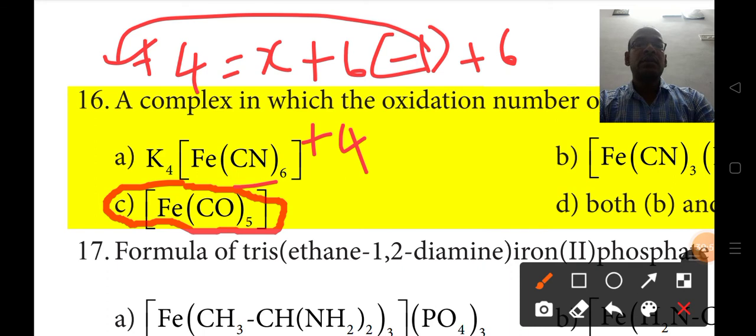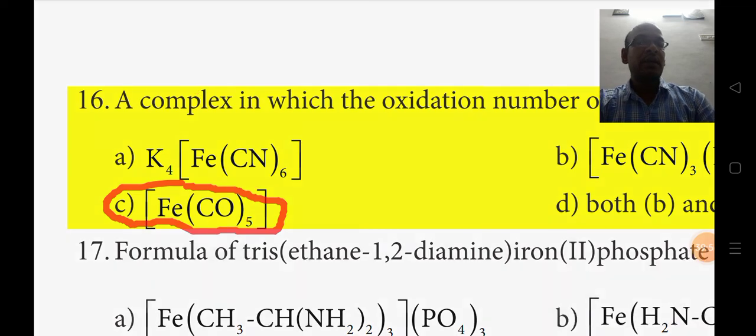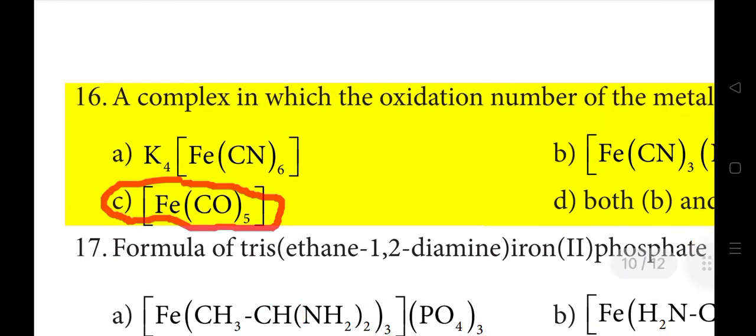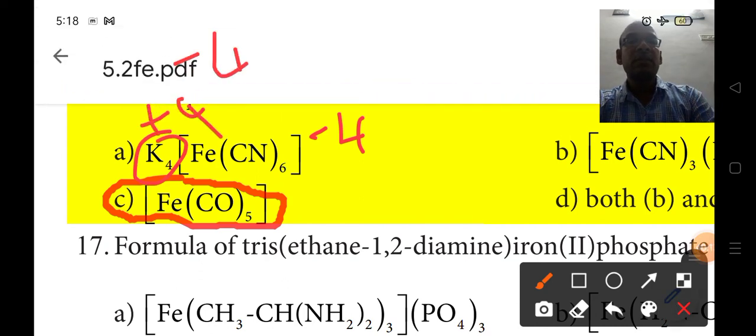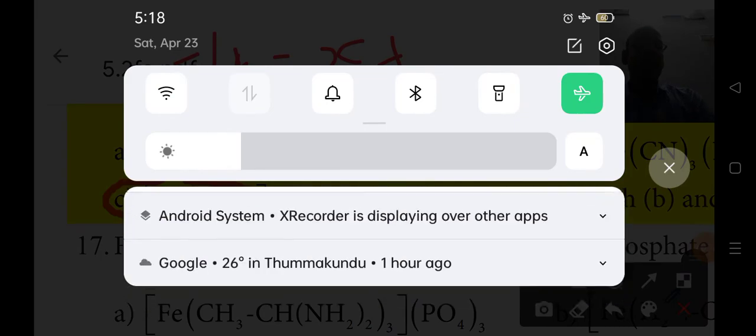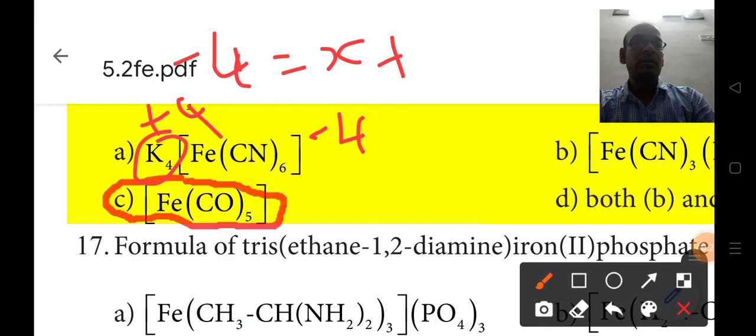Small correction. The net charge is minus 4. Therefore, minus 4 equals X plus 6 minus.